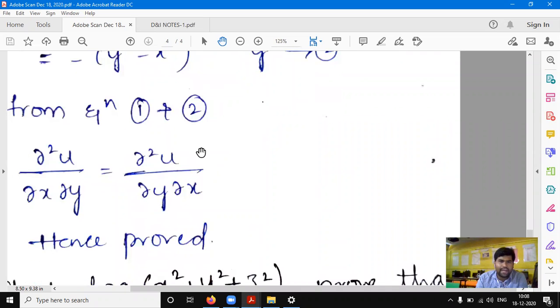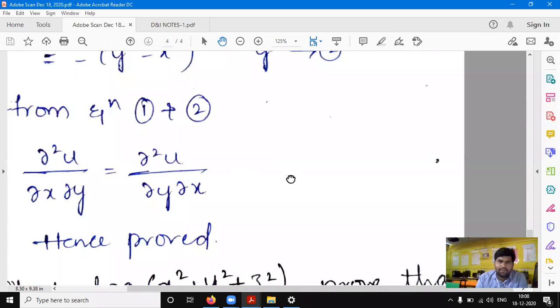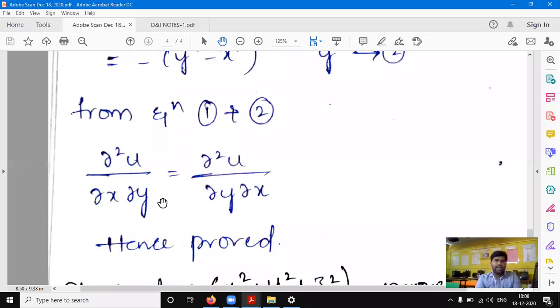So from equation number 1 and 2, ∂²u/∂x∂y is equal to ∂²u/∂y∂x.